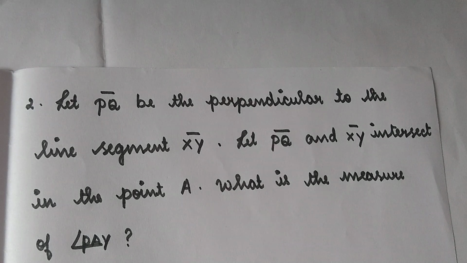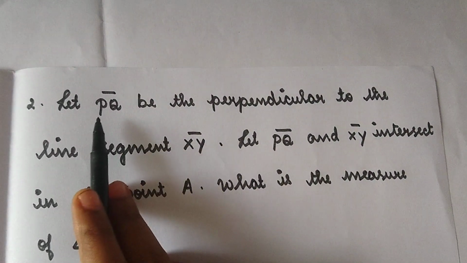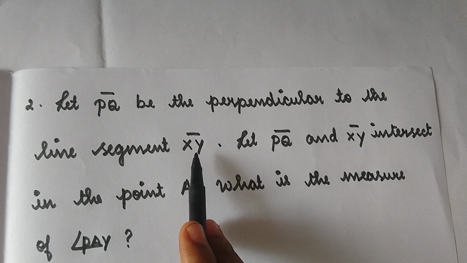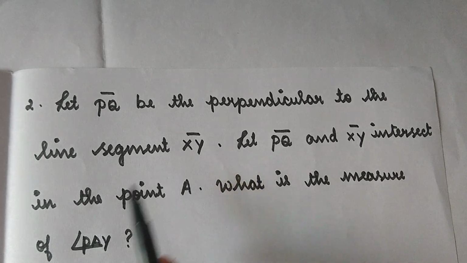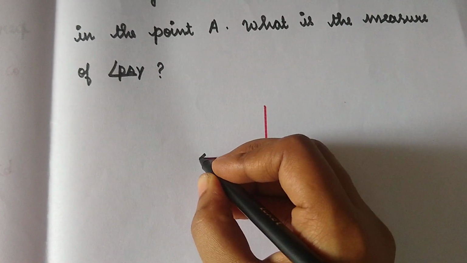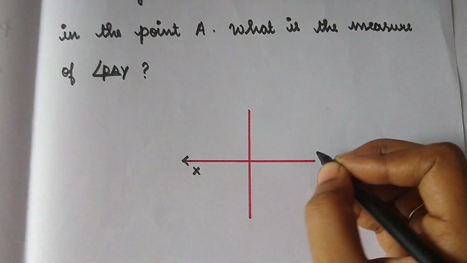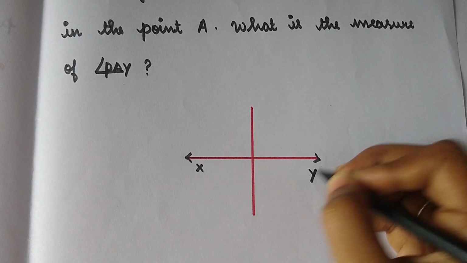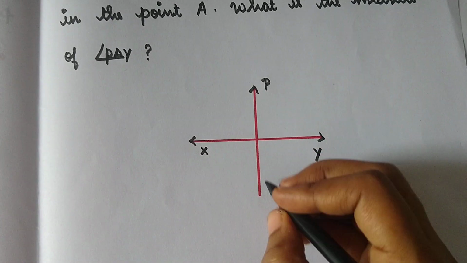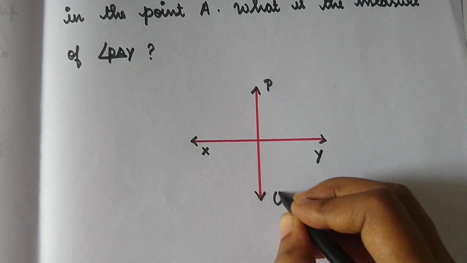In this problem, the given is that line segments PQ and XY are perpendicular. We have to find the angle, that means angle PAY. First let us draw. This is line segment XY. This is line segment PQ.